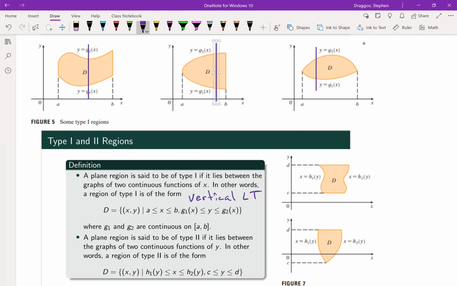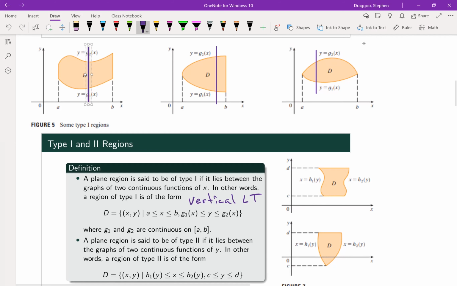It's just the standard vertical line test from algebra: it's a function if a vertical line will only hit the function in at most one spot. We're looking at both a top function and a bottom function, which means they'll both individually pass the vertical line test. Each of those vertical lines intersects the regions in a whole bunch of places, but I just want to look at the boundaries, two separate boundaries, so I'm really applying the vertical line test twice.